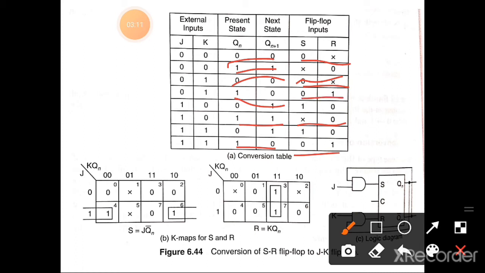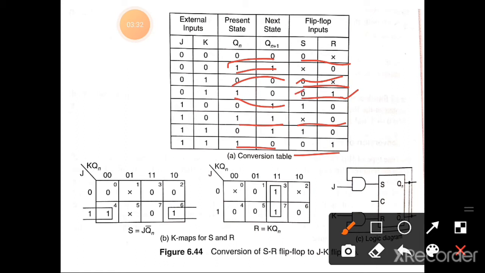That is, previous state is 1 and next state will be 0. That is the reset state. Reset state means R will be 1 and S will be 0.